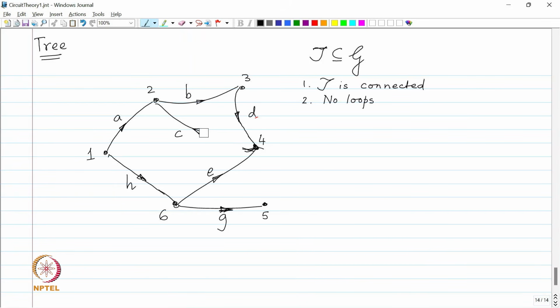C, okay, let us cut out C also, we still have a loop, you can cut out H. All right, now you have got a tree. So this tree is A, B, D, E and G.